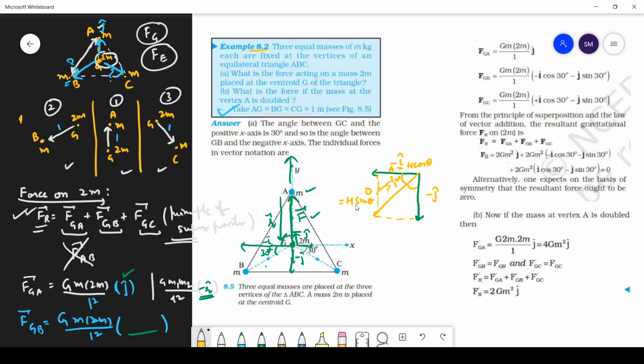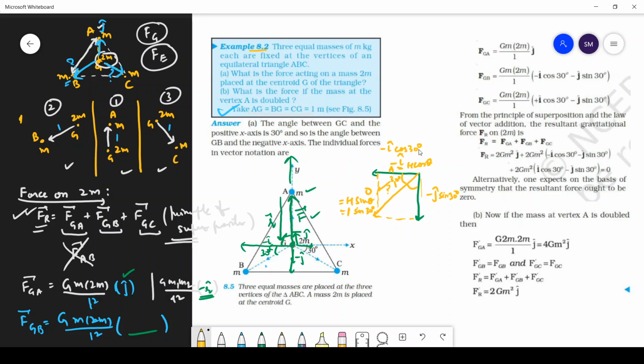So this side becomes hypotenuse sine theta. Hypotenuse is 1, so 1 times sine 30 degrees. The magnitude of this vector is sine 30, and this vector is along minus j cap, so it is minus j cap sine 30 degrees. And the magnitude of this vector is minus i cap, hypotenuse 1, so cos 30 degrees.